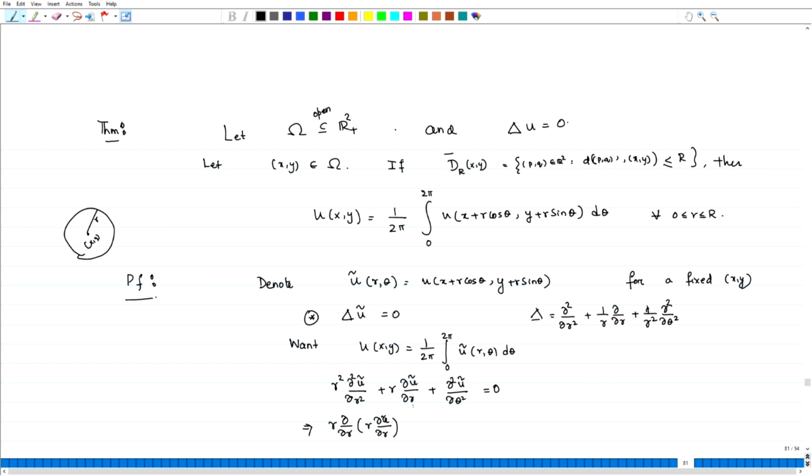So, these two quantities can be written like this, and this is minus del square u tilde by del theta square. Okay.